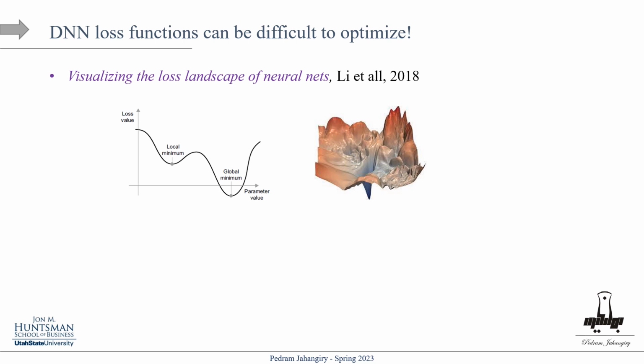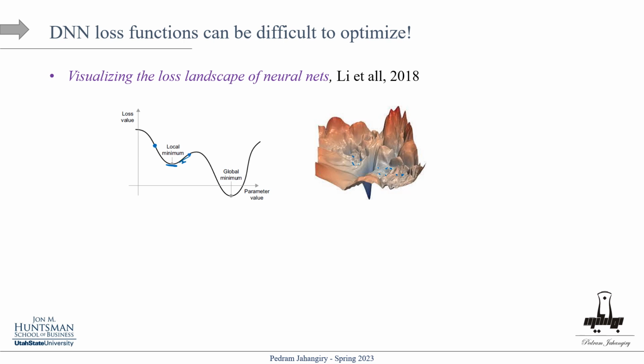This is a landscape of neural networks, and as you can see, there are lots of local minimums, and we have to make sure that the algorithm does not get stuck in one of them, right? So if I use simple gradient descent or stochastic gradient descent with a classical learning rate as we know, if I start from here, I may get stuck here. If I start from here, I may get stuck here.